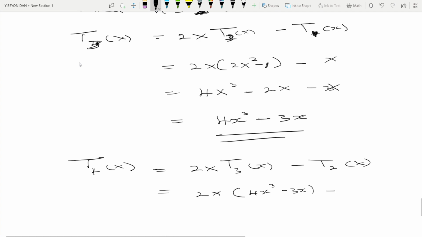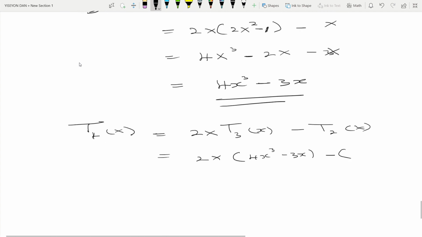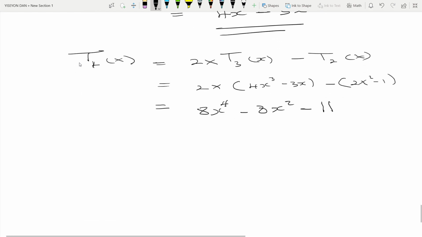So that's 2x squared minus 1. If we simplify all of this, we'll be having 8x raised to the power 4 minus 8x squared plus 1. So this is our T4.